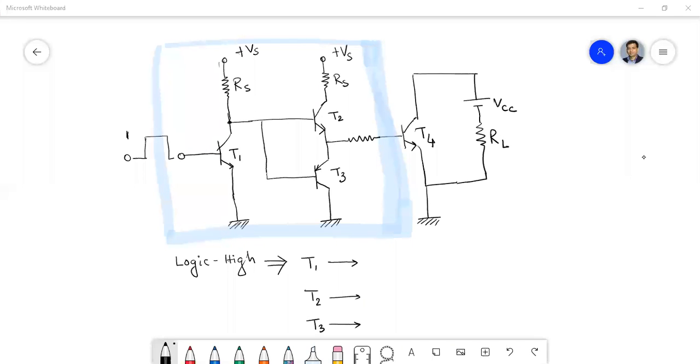Which one? Both T1 and T2? No, T1, I think. T1, sir. Now what about T2?